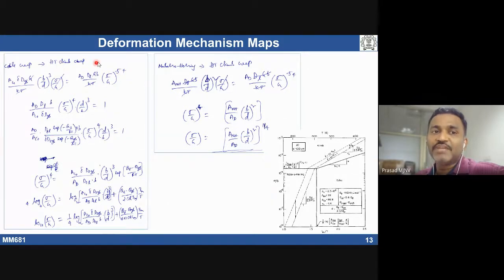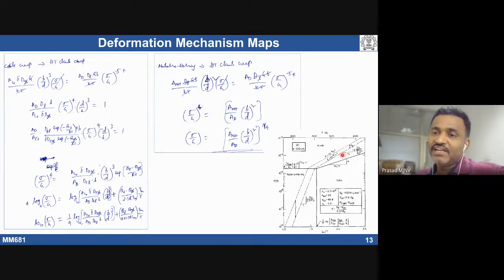Assume that high temperature climb is happening, we take sigma by G to the power of 5. If you rearrange them, I get sigma by G in the form of y equals mx plus c, where x is Tm by T, m is the slope, and c is the constant.